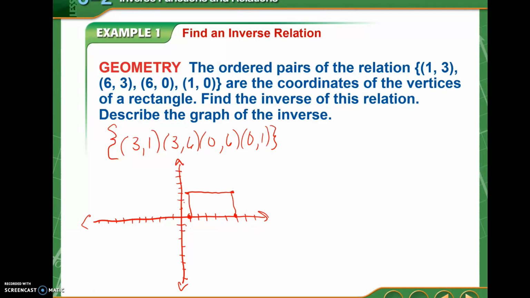My new points are (3, 1), (3, 6), and (0, 6) and (0, 1). So again, we have that rectangle, same size, but it's reflected, and what it's reflecting over is this y equals x line.